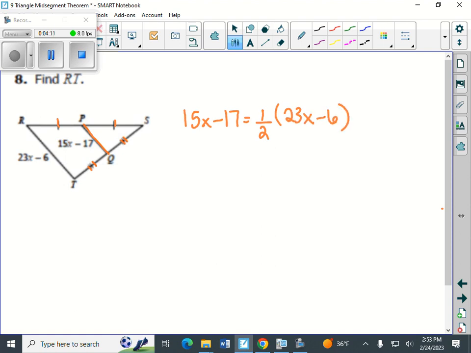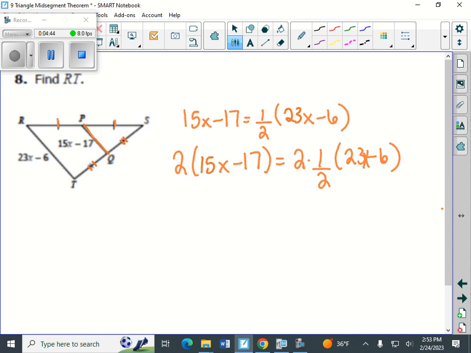And by the way, if you're really using Desmos, it's probably easy enough to distribute the 1/2. But let's stick with the same way that we've been doing all of these problems, and that is, since it's 1/2, let's multiply by the reciprocal of 1/2, which is 2. So 2 times 15x minus 17 equals 2 times 1/2 times 23x minus 6.